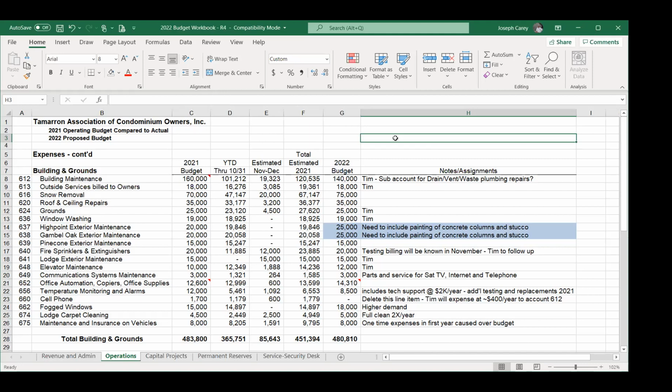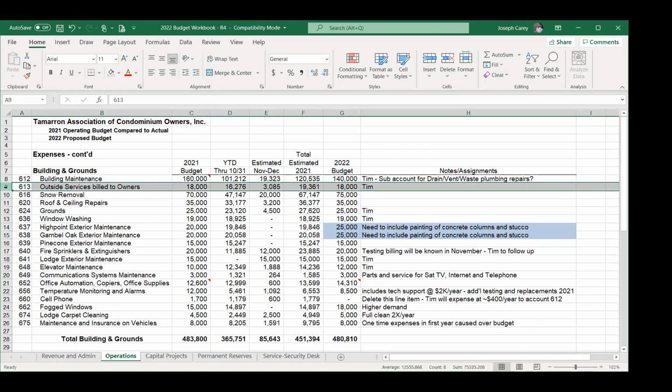It rusts from the inside out, cracks and leaks, causes damage, and the damage has to be repaired. We're trying to figure out what we're spending on that, and we're going to create a sub account under 612 so that all future costs we incur for that particular type of maintenance function can be collected there and tracked better.